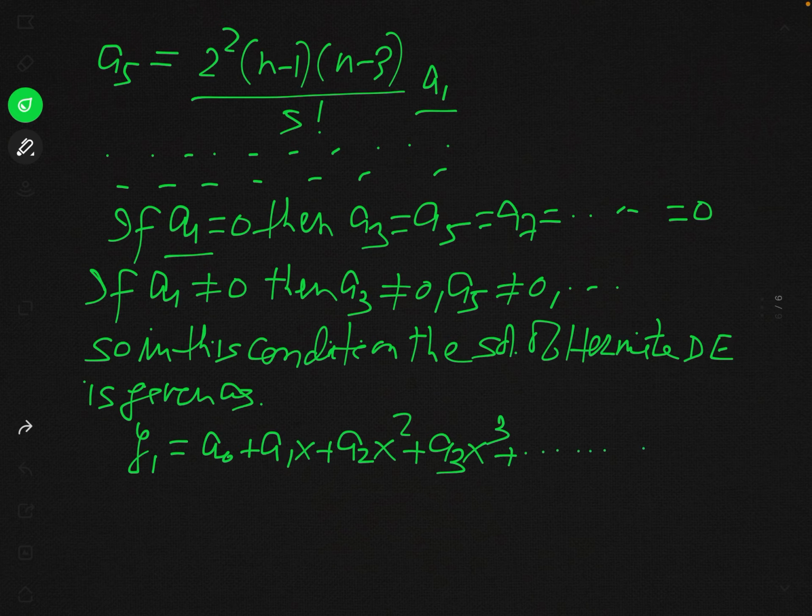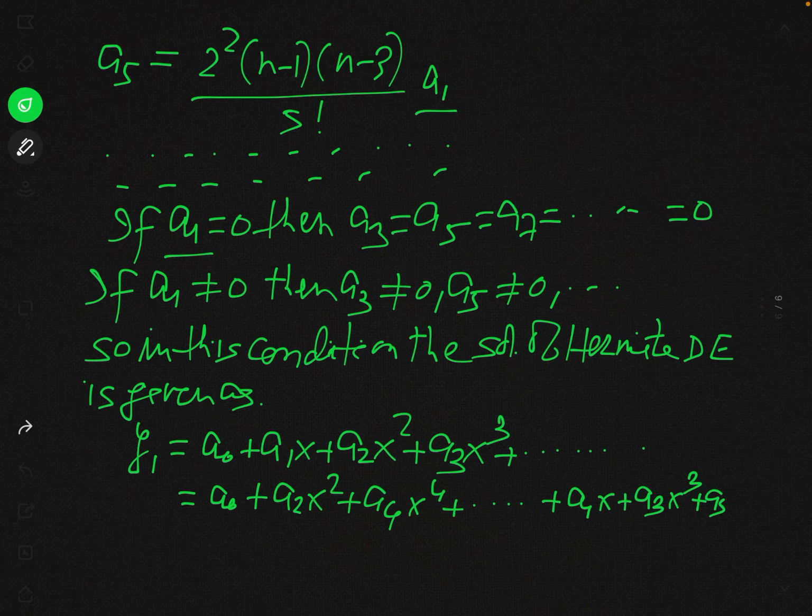And for simplicity, we divide this series in two parts, and in this way you can see this may be written as a naught plus a2x square plus a4x4 plus so on, and plus a1x plus a3x cube plus a5x raised to the power 5 and plus so on, plus dot dot dot.